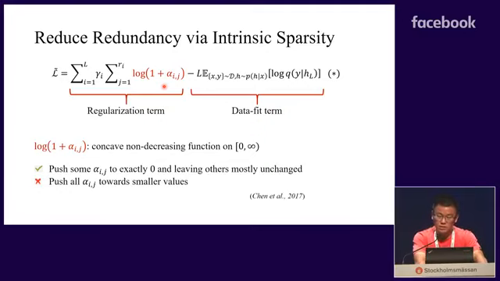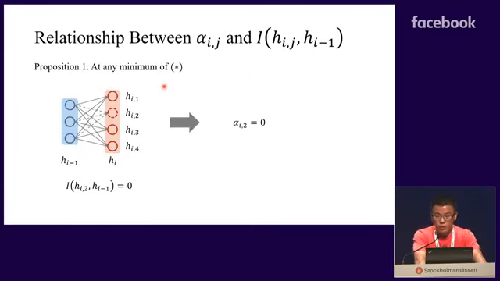But what does alpha_ij equal to 0 actually mean in our model? We argue that at any minimum of our final objective function, alpha_ij equal to 0 is a necessary condition for the mutual information between the corresponding neuron and its previous layer to equal 0.